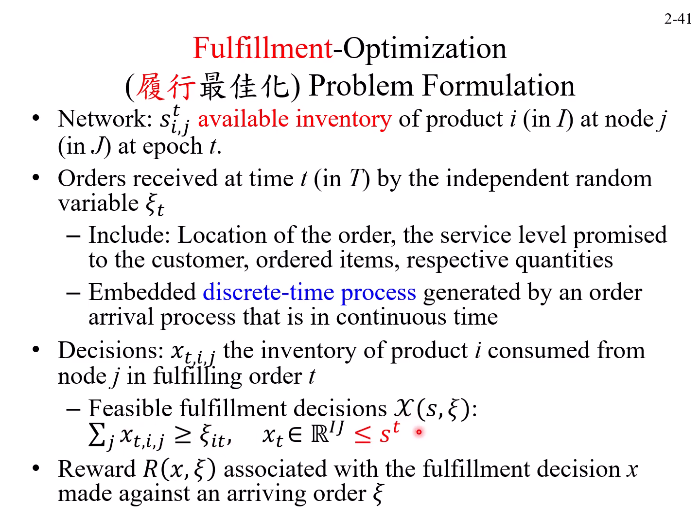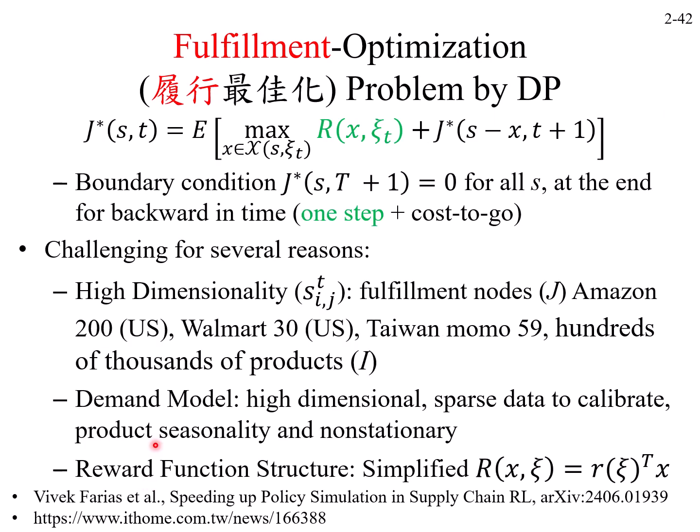And this is the stock we have. So we cannot consume more than the stock we have. So this is an upper bound. And we have a reward function.